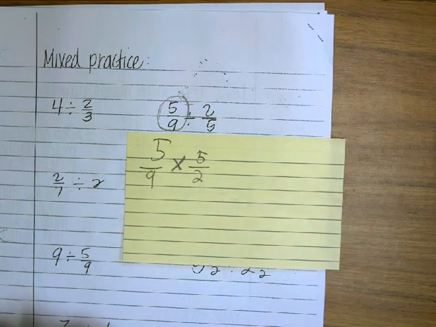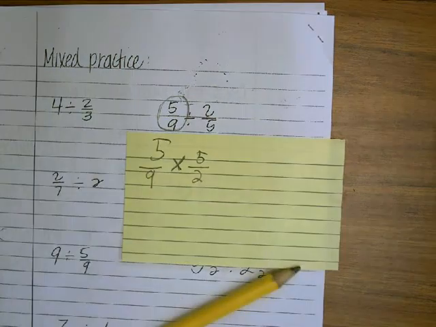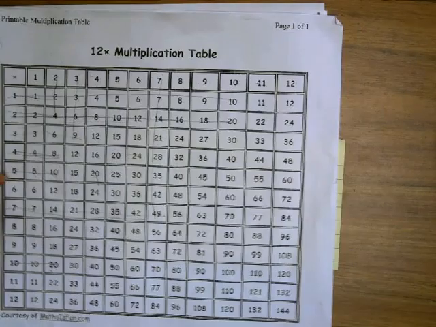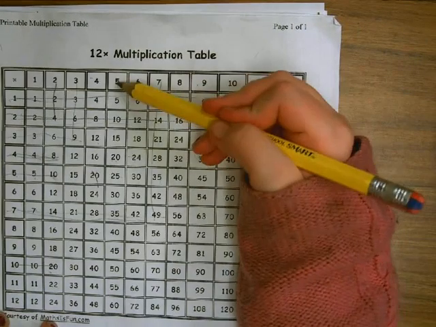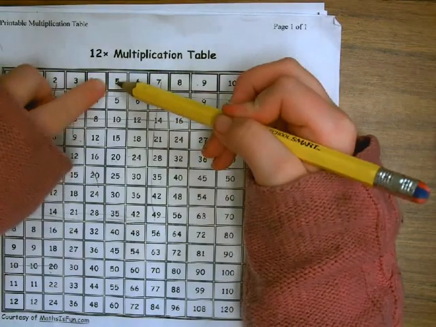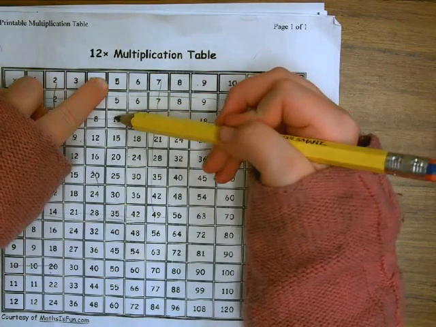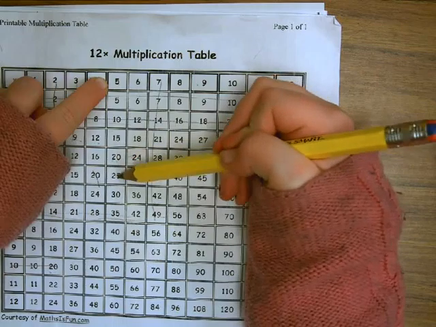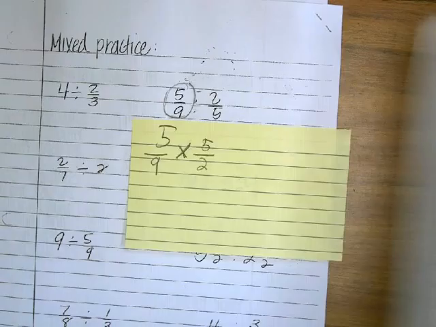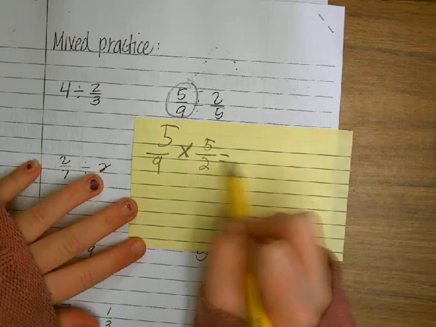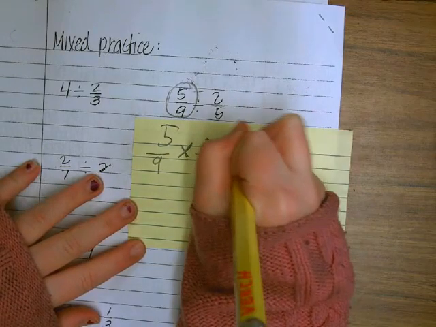5 times 5 is... Okay, put it right down. So 5 times 5. 1, 2, 3, 4, 5. It's 25. Okay. So equal 25. Over what?